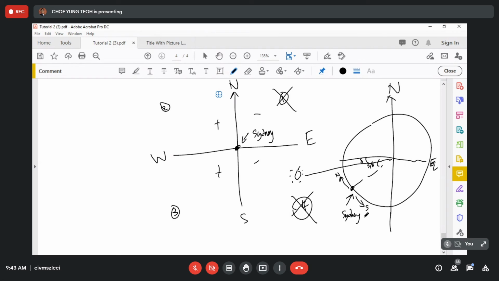This is the south of Sydney. So in other words, if you are standing at Sydney, the sun will pass through the north of Sydney. If you refer to this, because Sydney is at the bottom and the sun is on top. You will move like this, going up to the other side. So the sun should be over here.